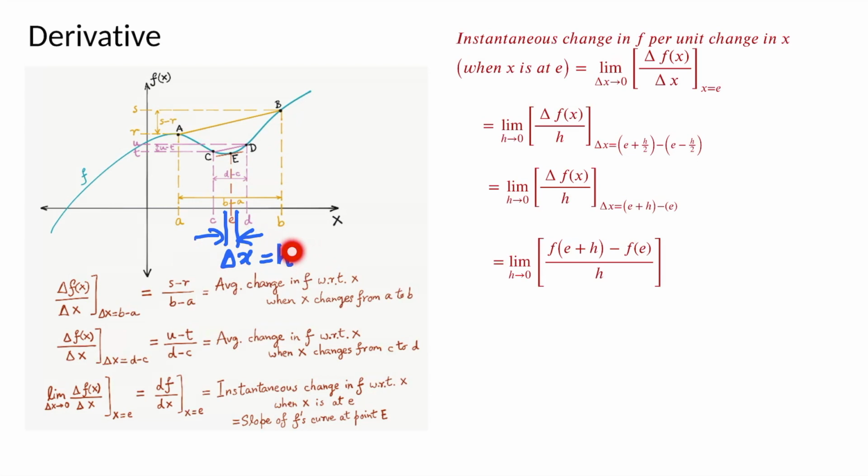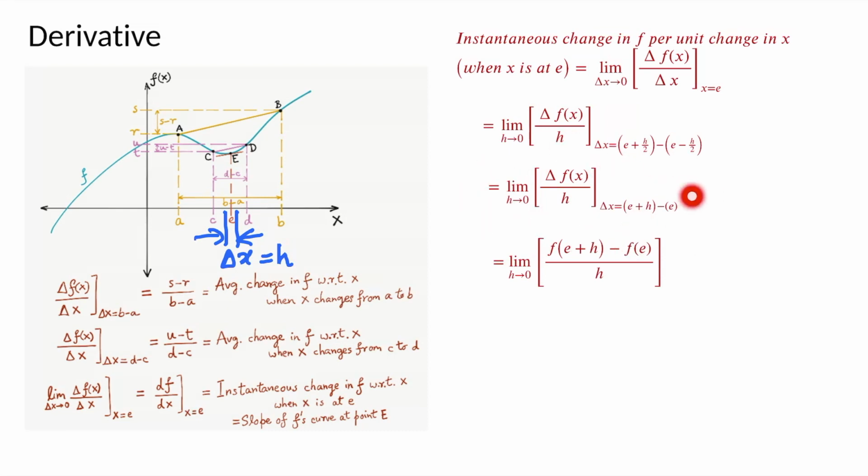So, instead of going from the left hand side to the right hand side, you could think of an equally small interval and move from point E rightwards to point E plus h. Since h tends to 0, it does not really matter whether we move from E minus h by 2 to E plus h by 2, or from E to E plus h. It should give the same estimate.